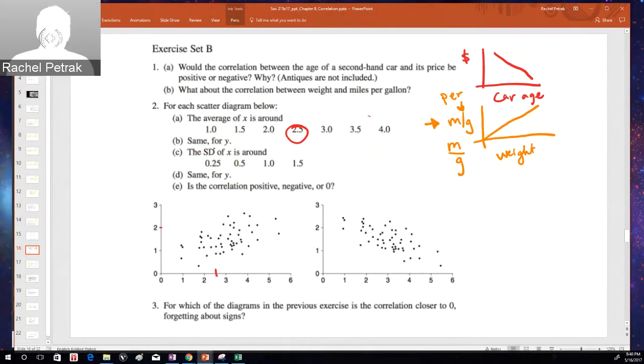But this is why it's helpful to know that approximately 6 standard deviations fit within the range of a variable. And for y, the same quality is true.